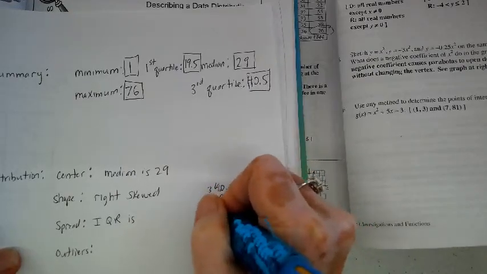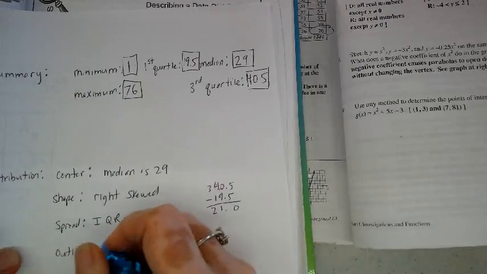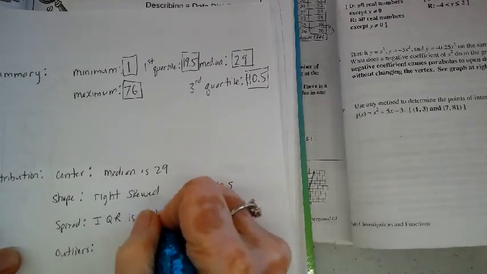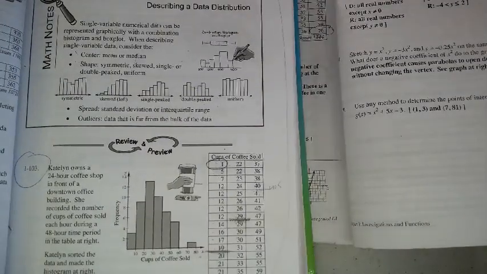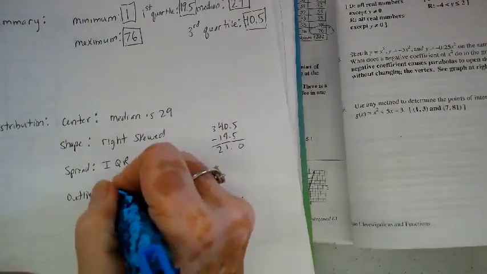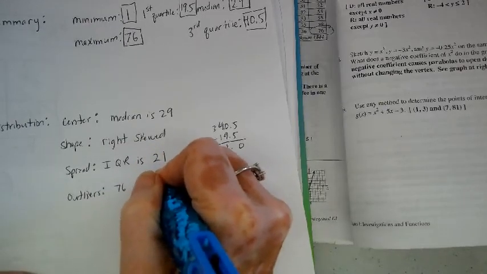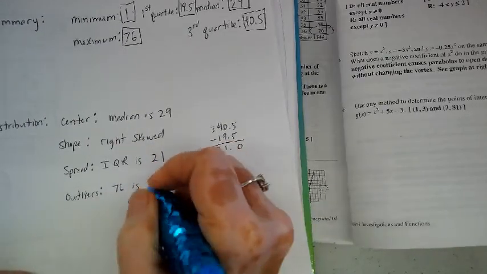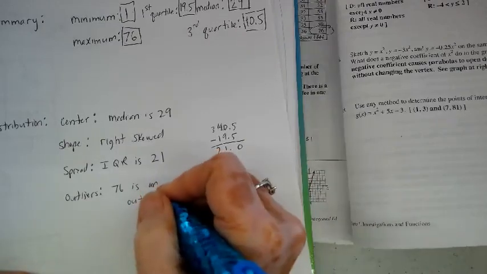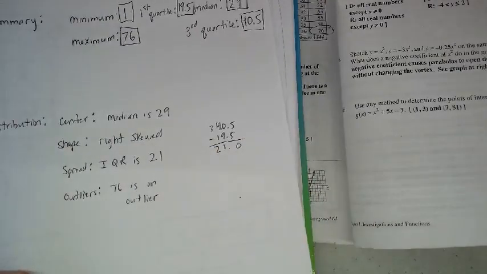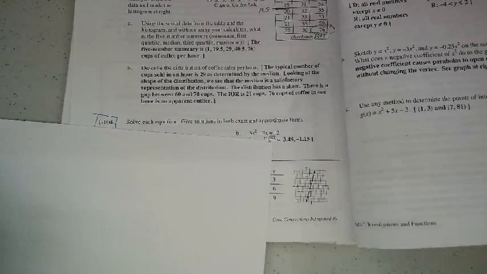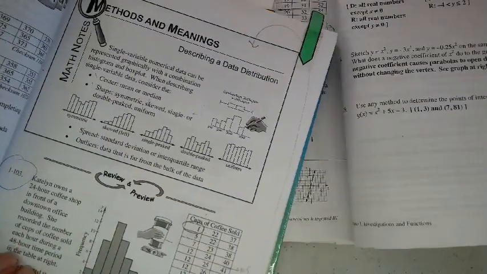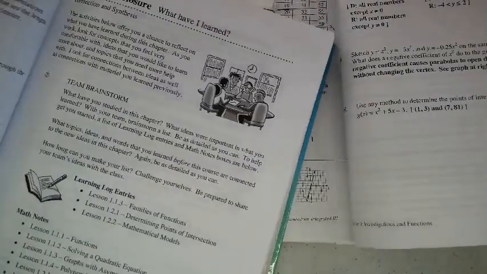I think it's 21. And then outliers, I think that outlier is 76. Check my interquartile range. Yep. And I guess that is all they have asked. Alrighty, that's all I got.